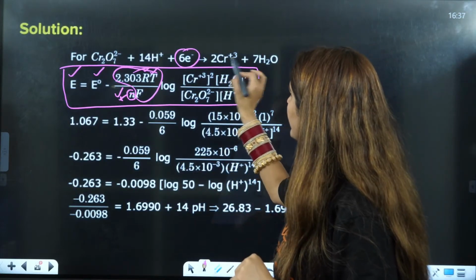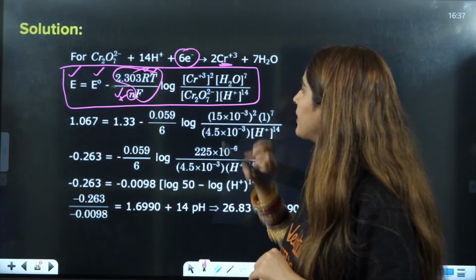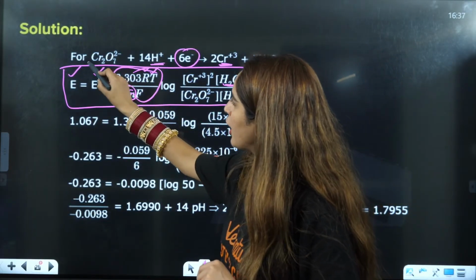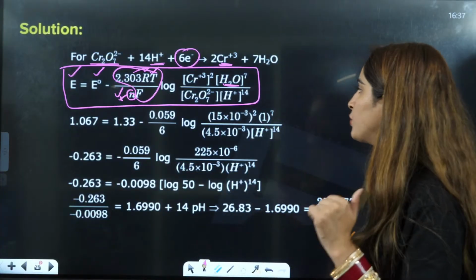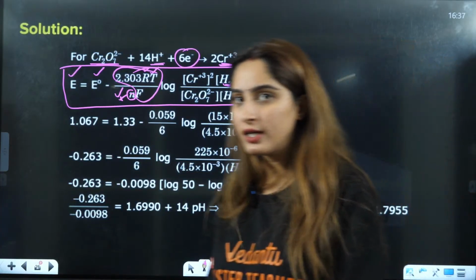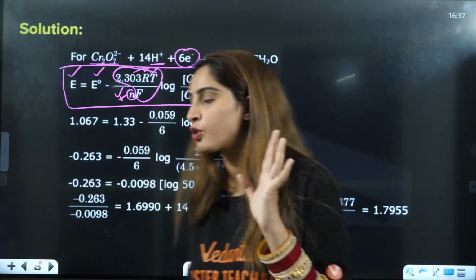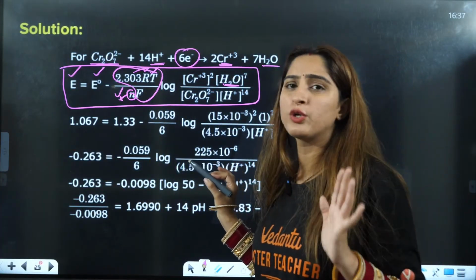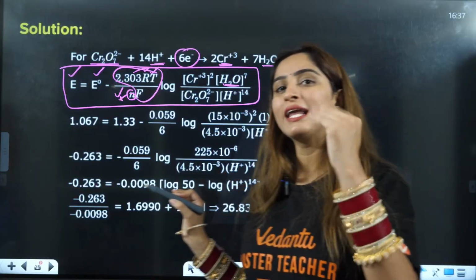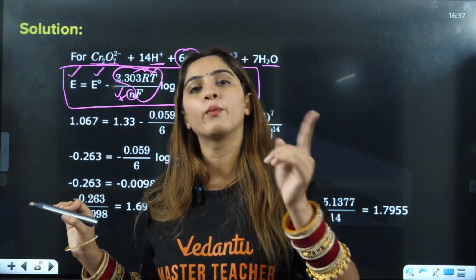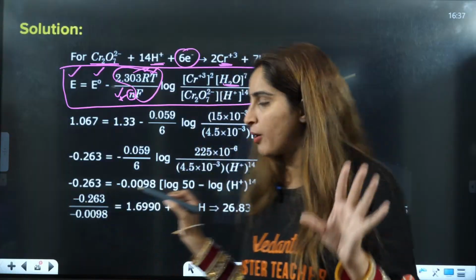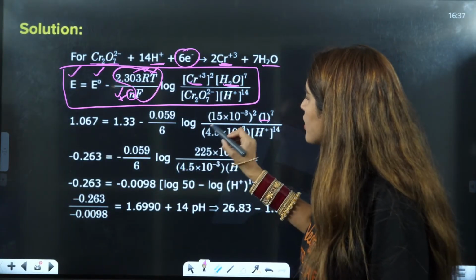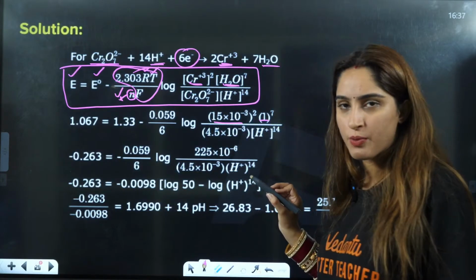On the product side you have Cr3 positive, you have water, you have H positive, you have Cr2O7 2 negative. For water, definitely it is 1 only, so you can just directly put 1 here because it is a pure liquid, and the concentration of a pure liquid is 1, so we don't need to worry about that. Now, for Cr3 positive, it is given to be 15 into 10 raised to power minus 3.